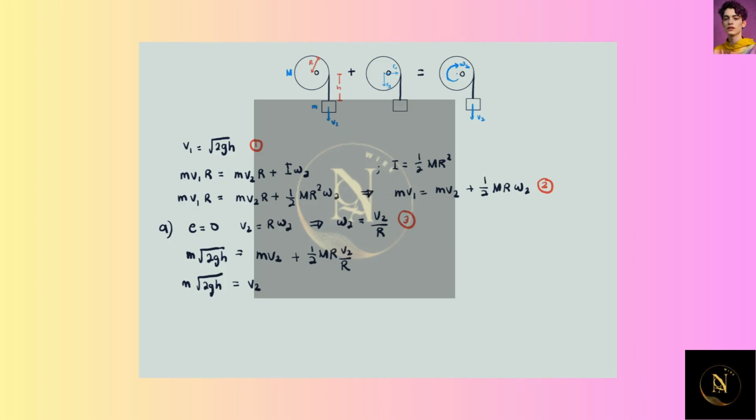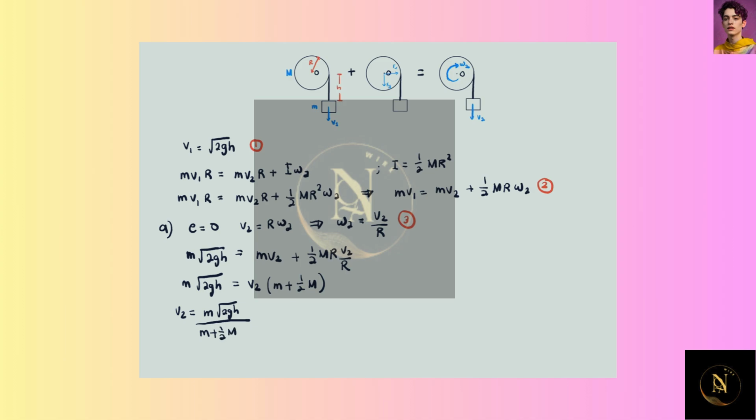So this would be v2 times m plus 1/2 times the mass of the disk. So from here we can get v2. So v2 is equal to m times square root of 2gh over m plus 1/2 M.